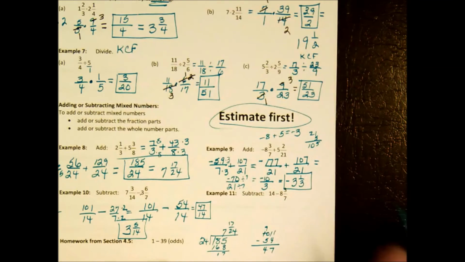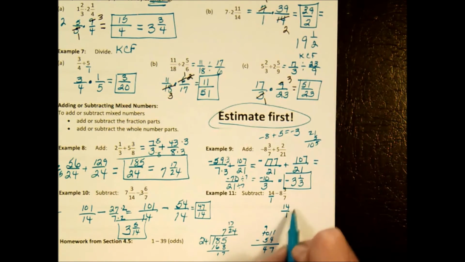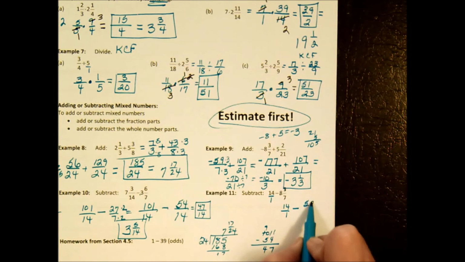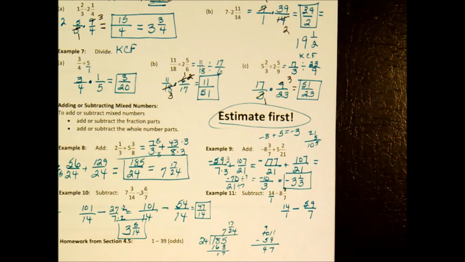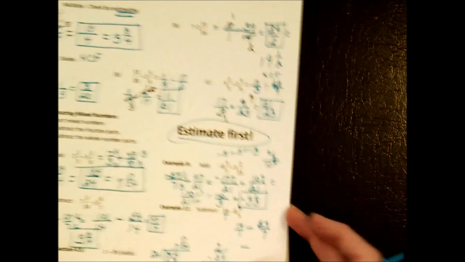All right, let's look at this one. It's 14 over 1 minus 7/8 or 59/7. The LCD here is 7, and I've kind of run out of space. Let's see if I can squeeze this in this last little corner I've got here.